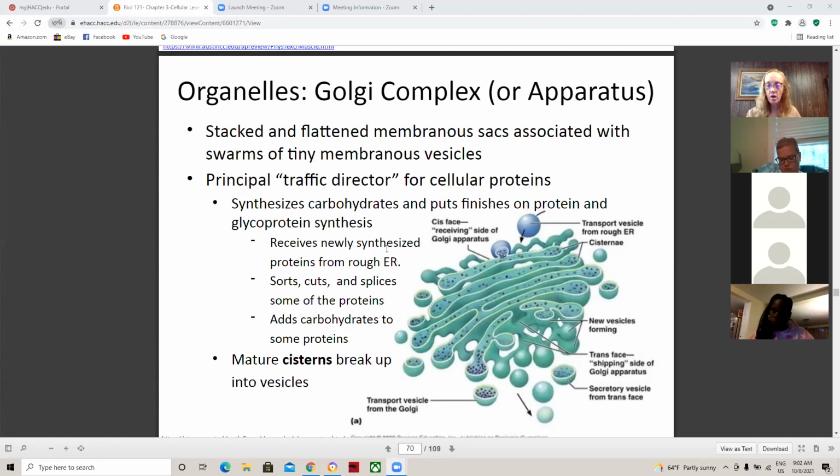So, just to repeat this and make it really clear, all proteins that are going to become part of the plasma membrane or be released from the cell via exocytosis are going to be in the rough ER first and then be sent to the Golgi apparatus. In the Golgi apparatus, carbohydrates are synthesized, and some carbohydrates are added to proteins.